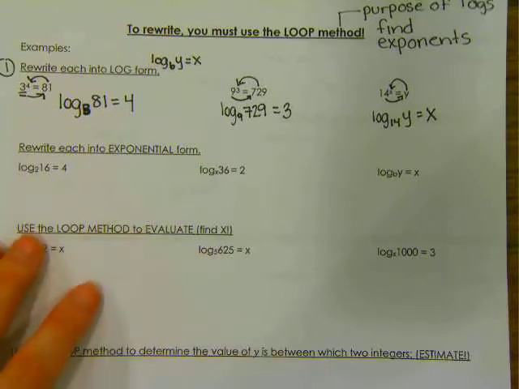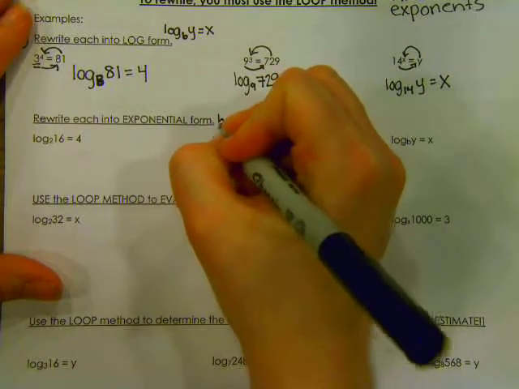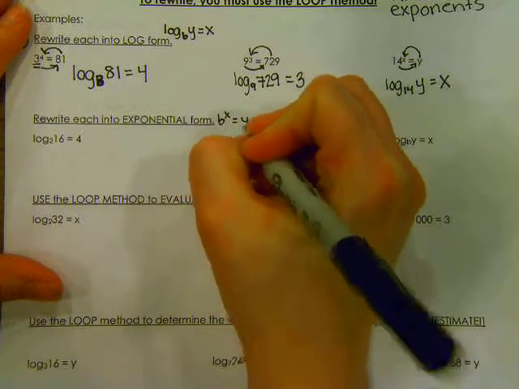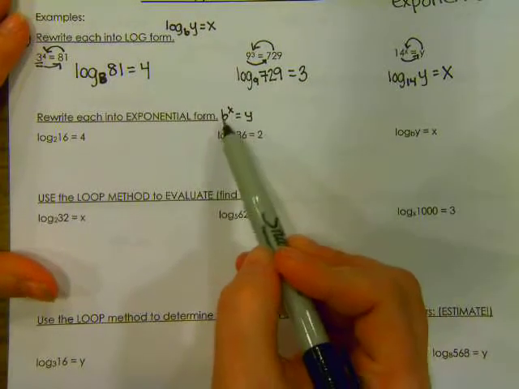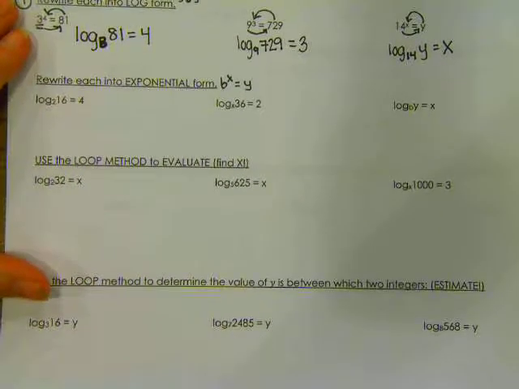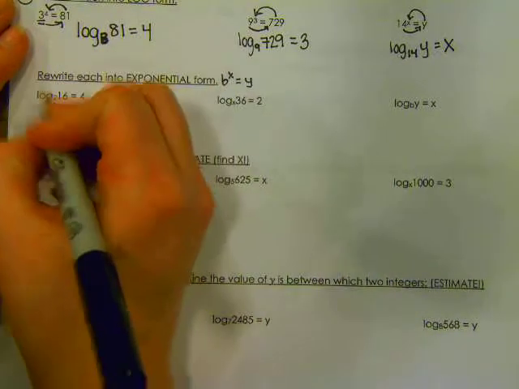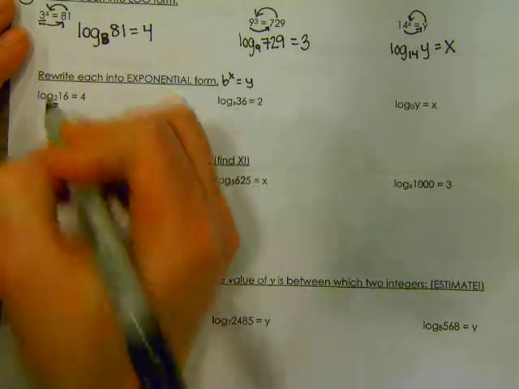Let's also use the loop and rewrite it into exponent form. Okay? So again, the exponent form is a base raised to an exponent equals a value. The biggest part, again, is finding the base. So the base of this is 2, right? The little guy.